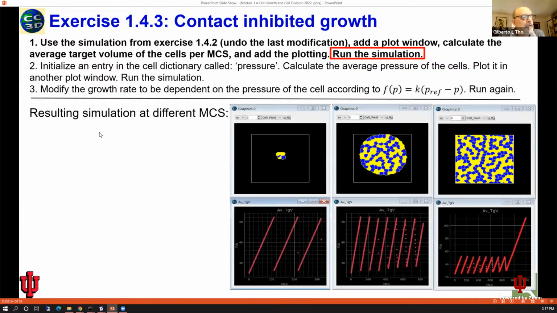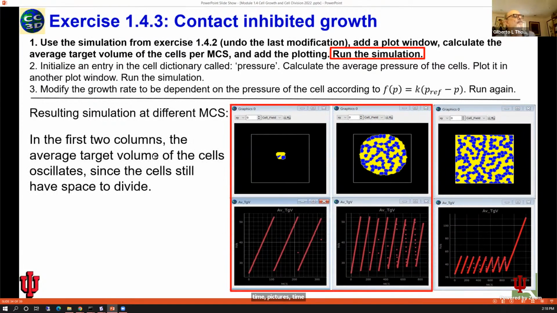This is what you should have seen. Let's explain. See, here I have three different time pictures, Monte Carlo steps, and see this first two columns here.